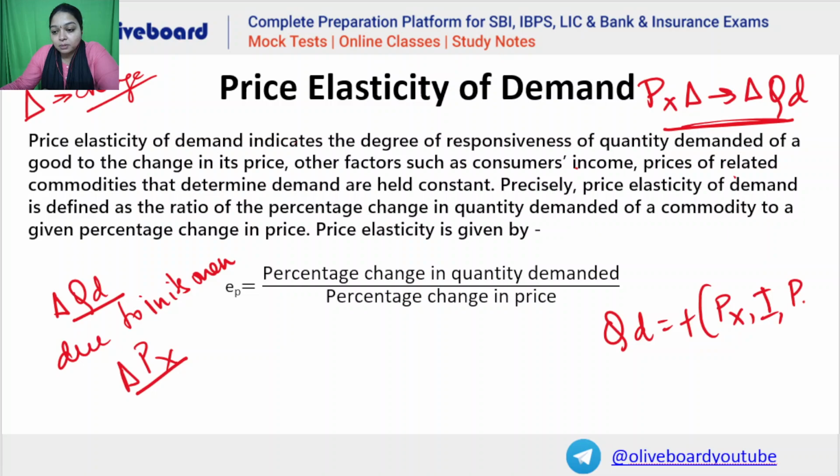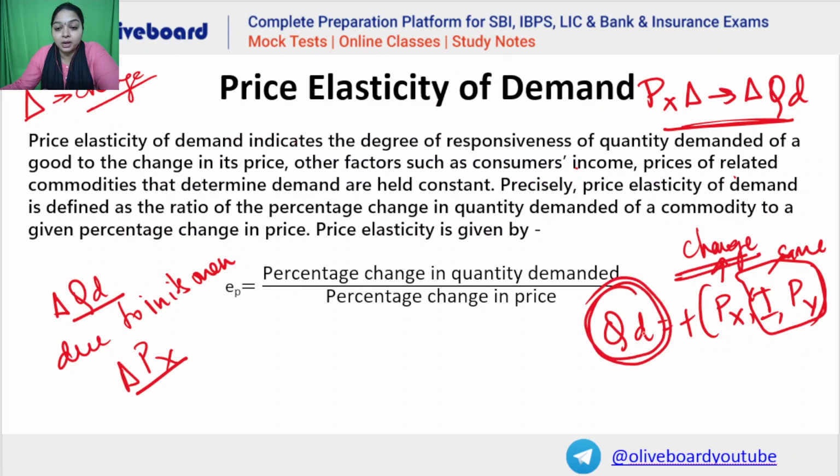Here these two are going to stay the same. Only price of the own commodity is going to change, and due to this change we are going to measure the change in quantity demanded. Then we call it price elasticity of demand.